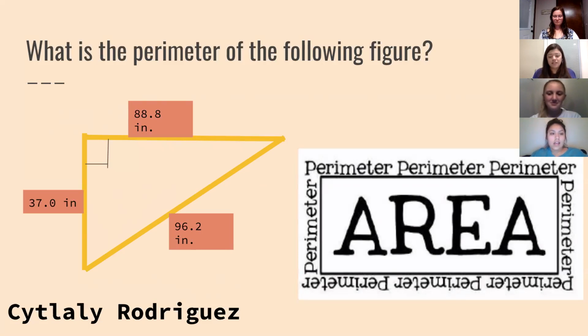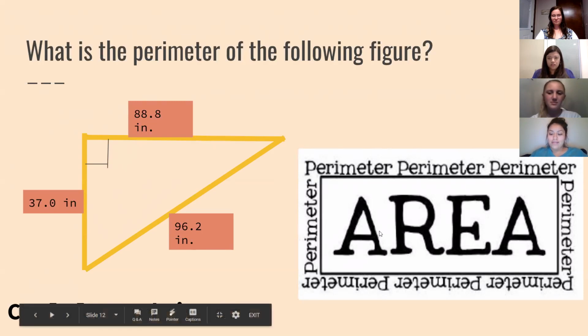So in this occasion, we use 88.8 inches plus 96.2 inches plus 37.0 inches, because we're taking the measurements of the outside of the triangle, giving us a total of 222 inches for the perimeter, Jasmine.